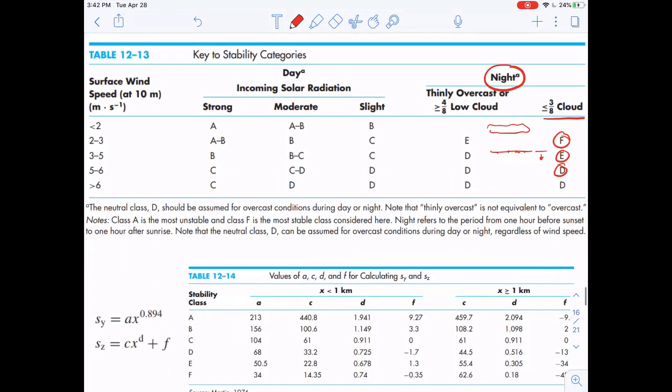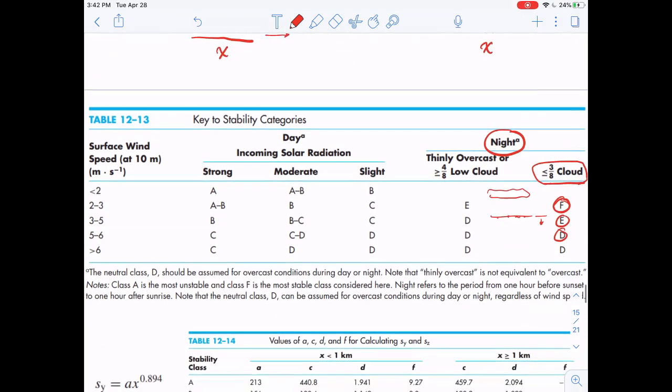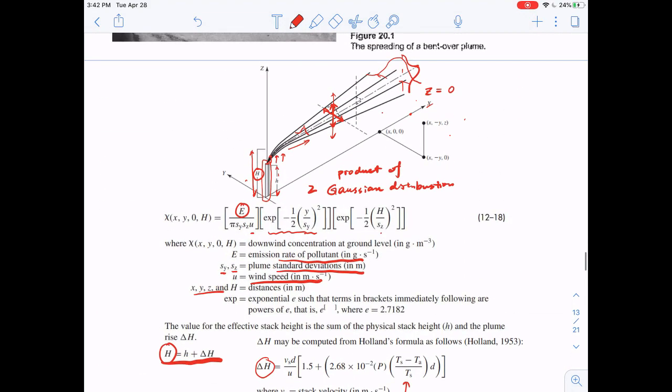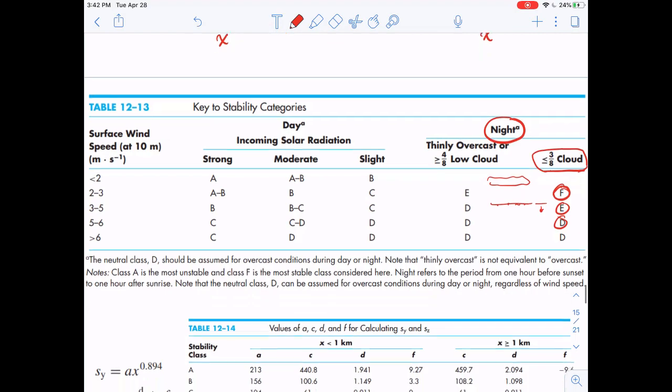So basically, if you have a condition with fewer clouds, then you will have a very stable condition, which corresponds to F. And you can see that F has the smallest standard deviation, okay? So by having the smallest standard deviation, that basically means the spread of this plume is very limited, okay?